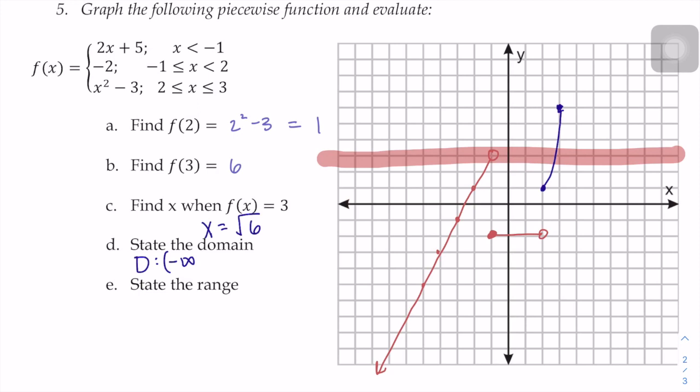And we end our graph at 3, which is included and equal to. Last is our range. Our range is going from -infinity to our last value in our quadratic equation. So 3 squared is 9 minus 3 is a height of 6, and that is also included. So that is our range.